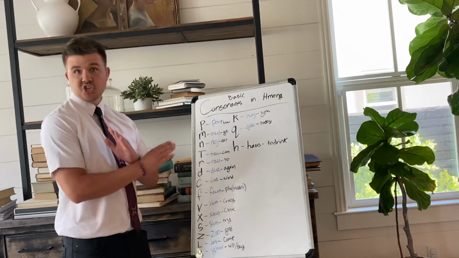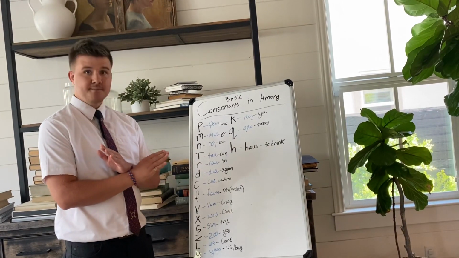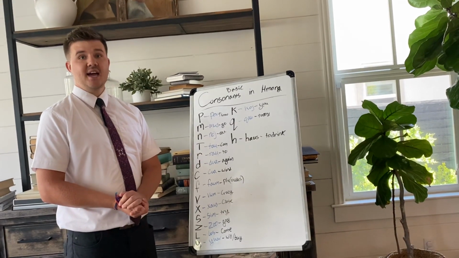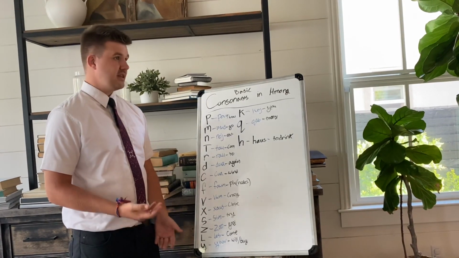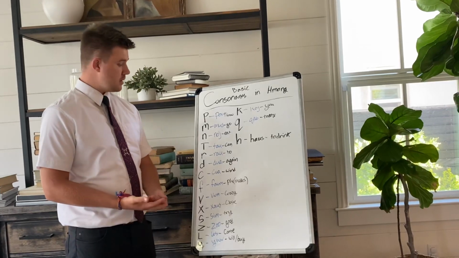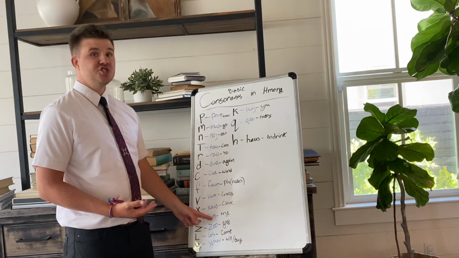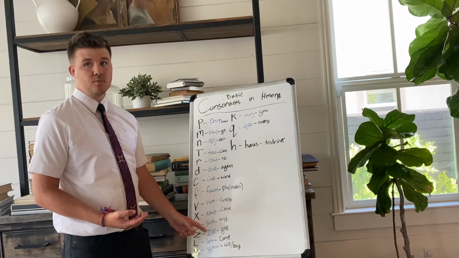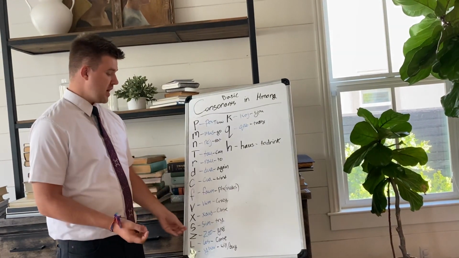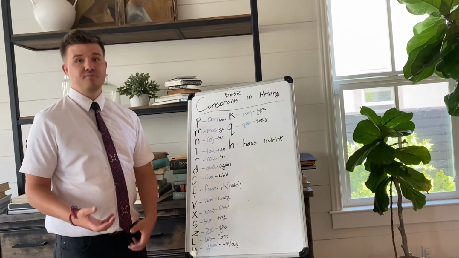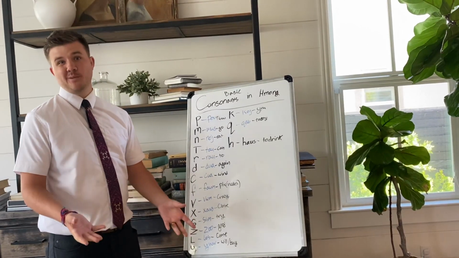The S does not, okay? The S makes the SH sound. Sh. Like in the English word sherry. Or in the Hmong word sheep. Sheep, which means to try, okay? Sheep, to try.